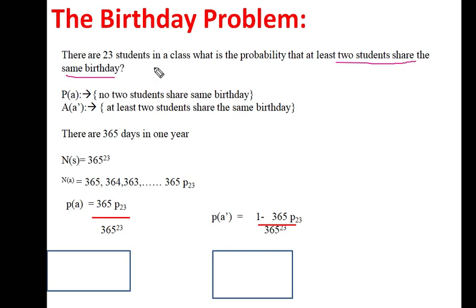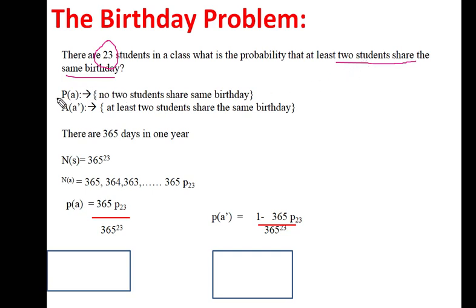So we have to calculate the probability that at least two students share the same birthday. Total number of students: how much? 23. Among these students we have to calculate whether at least two have the same birth date.